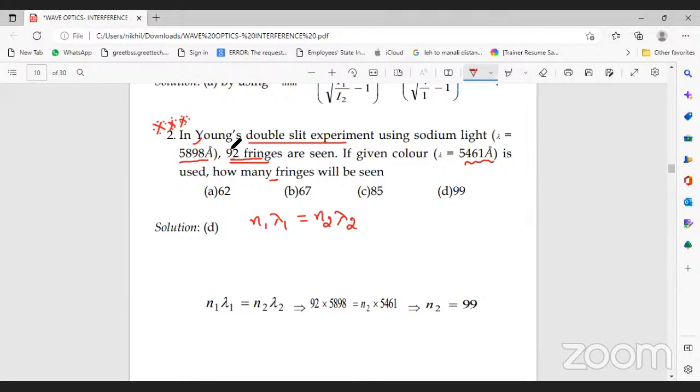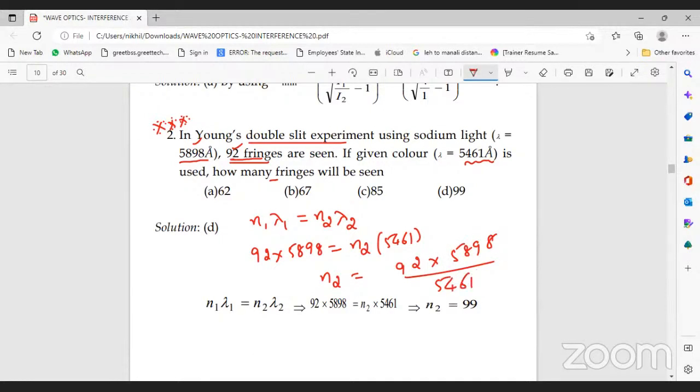What is the first fringe number? 92. Wavelength is 5898. N2 you have to find for which wavelength? 5461. So N2 is 92 into 5898 divided by 5461. Don't go for accurate calculation.